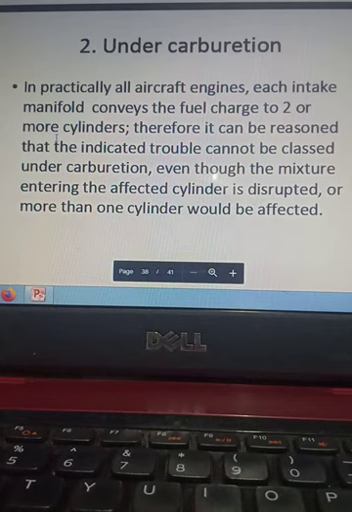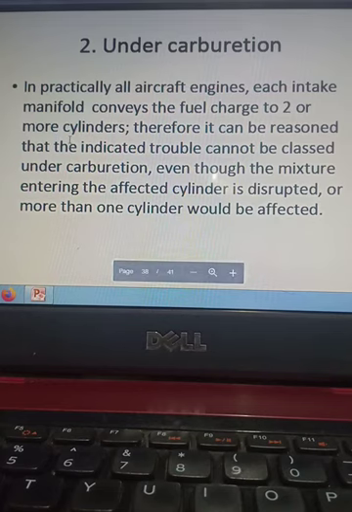So under carburation, there is no problem, because in your fuel system the intake manifold has two tubes, left and right. If one is disrupted, the other still charges. Take note that only one cylinder is cut out. If it were carburation, the other cylinders would also be affected.